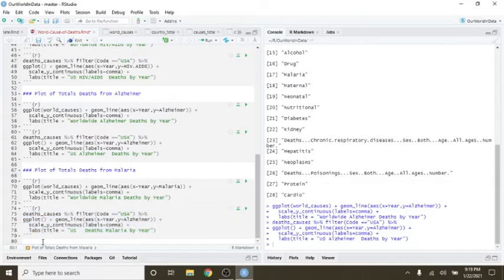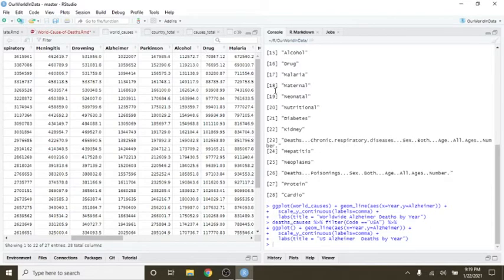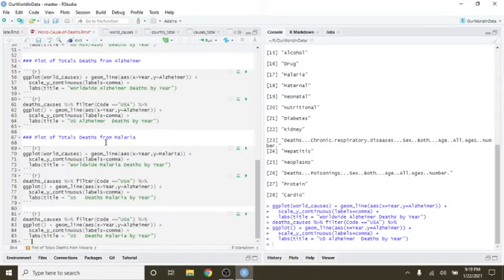So look at the U.S., which you probably have very little malaria. I can't imagine the U.S. having a lot of malaria deaths.